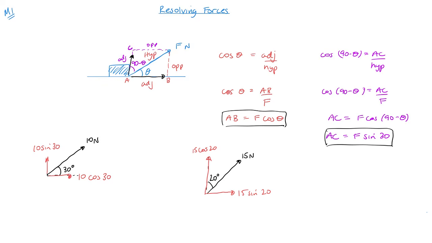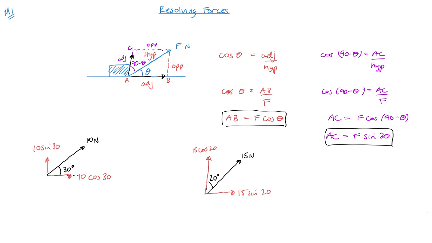Hopefully that makes sense to you. So the cos of the angle is the angle that you know that it makes with generally the horizontal, but it could also be with the vertical. And then sine for the other one, the one that's the 90 minus.